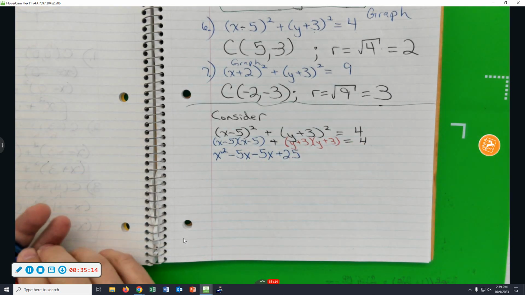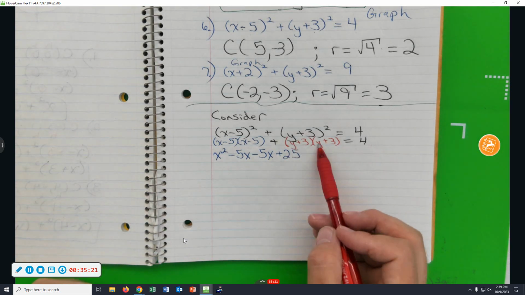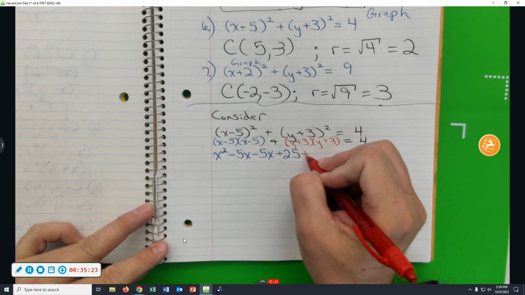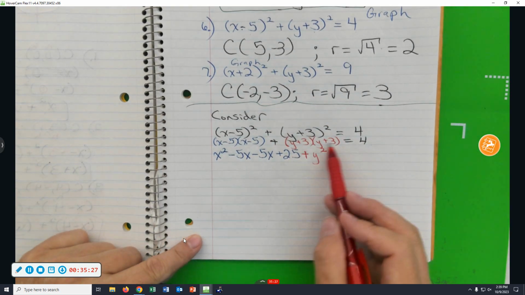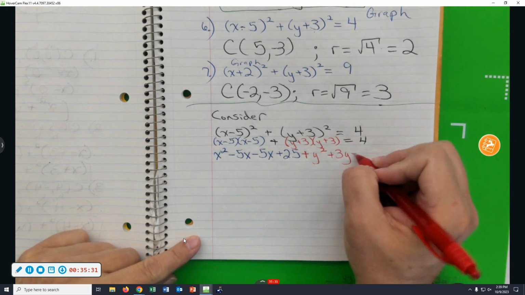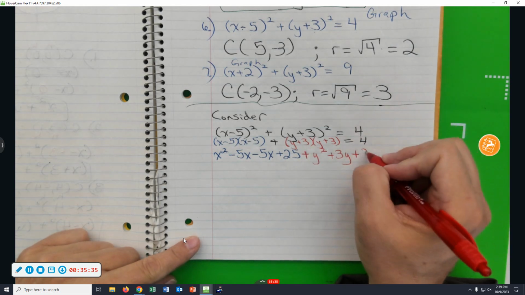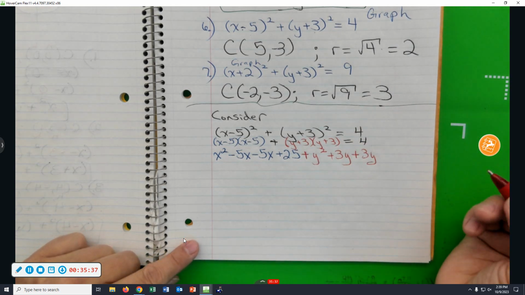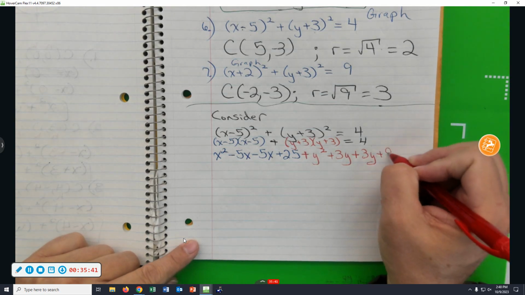Let's FOIL out the y plus 3 times the y plus 3. First, y squared, outer, y times 3, I'll write as 3y, inner, another 3y, last, 3 times 3, plus 9.